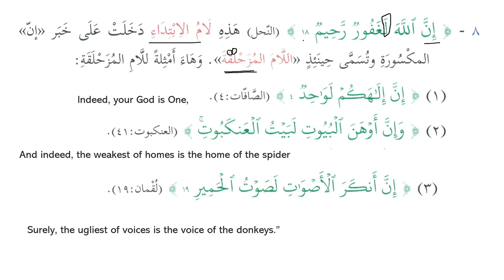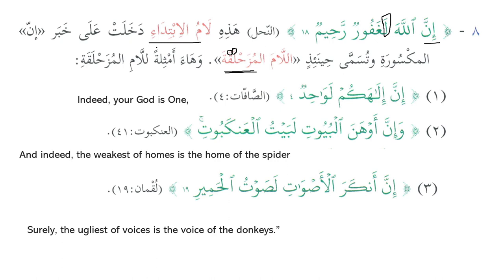But when we use inna, it moves from mubtada to khabar. Why? Because inna and lam are both used for emphasis and cannot come together. So that's why it's called lam al-muzahlaqa, the lam that has been displaced.